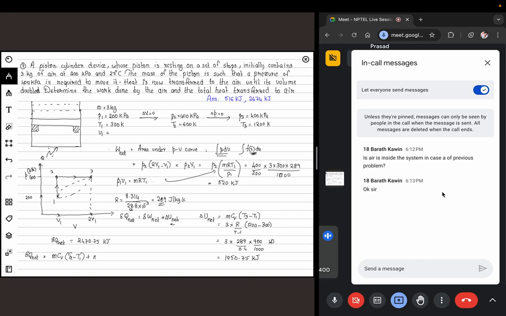Second is an isobaric process, so you can write m Cp T3 minus T1. Sorry, T3 minus T2, between 3 and 2. You can solve this way and check whether you are getting the same answer as this. I'll leave that as an exercise.